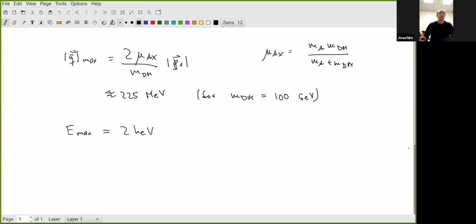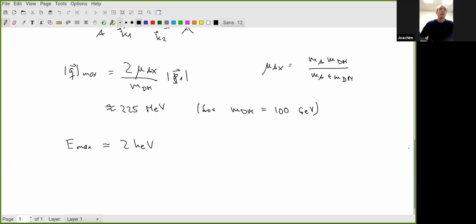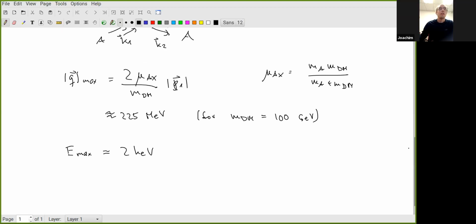There's a question? Yeah, thank you. If we were to do this for the spin-dependent case, would things already get a lot more complicated at this level, or do those effects come in later in the calculation?